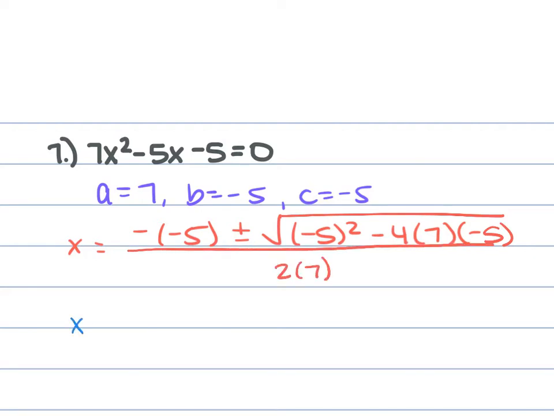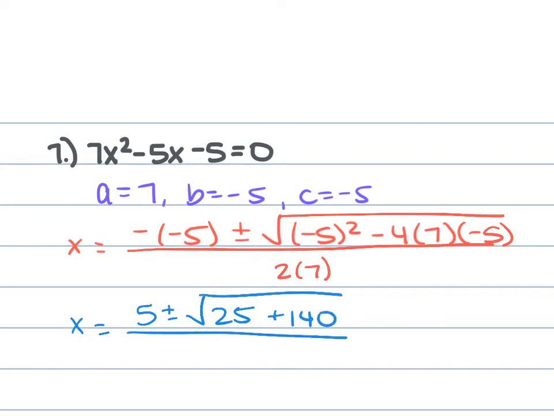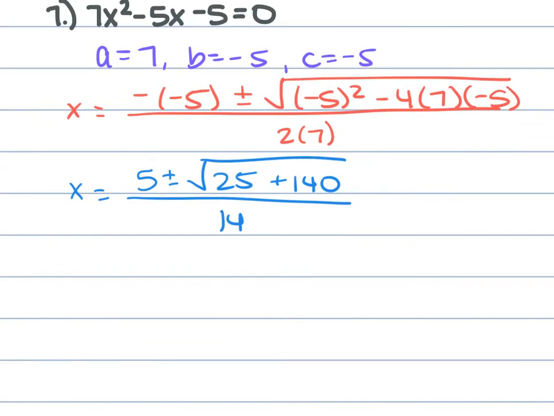So this is going to simplify to be positive 5 plus or minus the square root of 25. The negative 4 times the negative 5 is a positive 20 times 7 is 140 all over 14. So from here, x is equal to 5 plus or minus the square root of 25 plus 140, which is 165 all over 14.